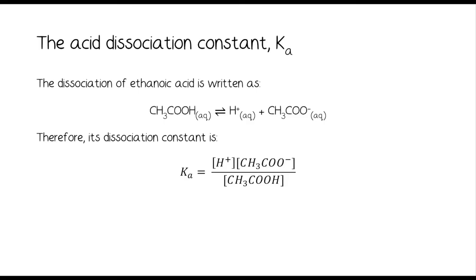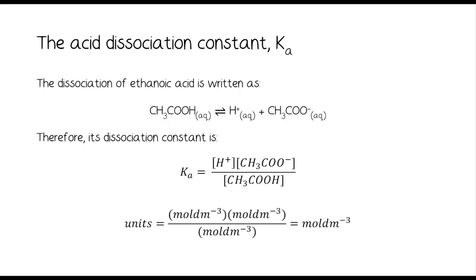And it's always important to work out the units as well. The units of Ka are moles per decimeter cubed, because you are multiplying a concentration measured in moles per decimeter cubed by another concentration with the same units, and dividing it by something in moles per decimeter cubed. So these moles per decimeter cubed cancel out, leaving behind moles per decimeter cubed as the unit.